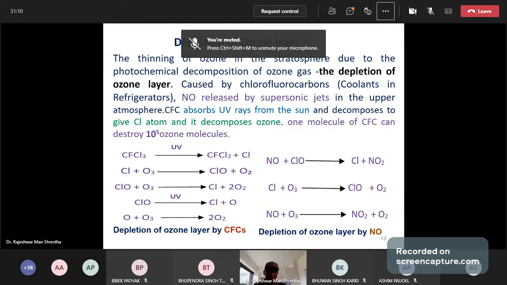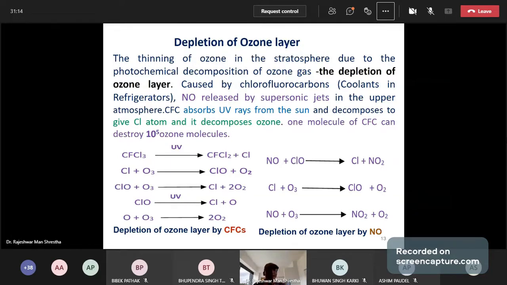as coolant in refrigerators. The ozone layer is also depleted by nitric oxide released by supersonic jets used by human beings in the upper atmosphere. Mostly it is by human activities. Our ozone layer has been thinning by the use of chlorofluorocarbons and by the NO2 gas released from supersonic jets.